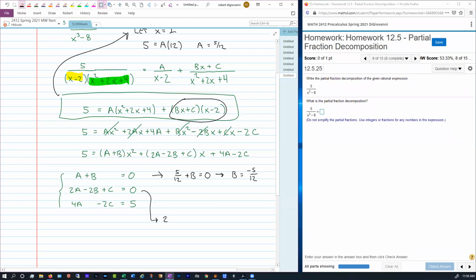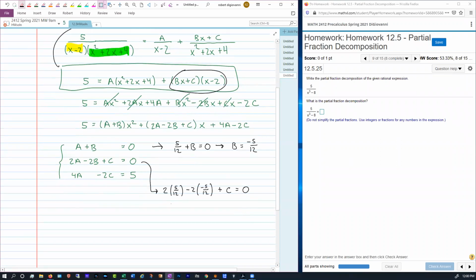And now I know what a and b are, so I should be able to do this equation. I replace a with 5 over 12, and then I replace b with negative 5 over 12, and then plus c equals 0. So when I do this, I get 10 over 12. That's just multiplying straight across. This is really like a 2 over 1. And then minus these two multiply straight across, give me another 10 because negative and negative is positive.